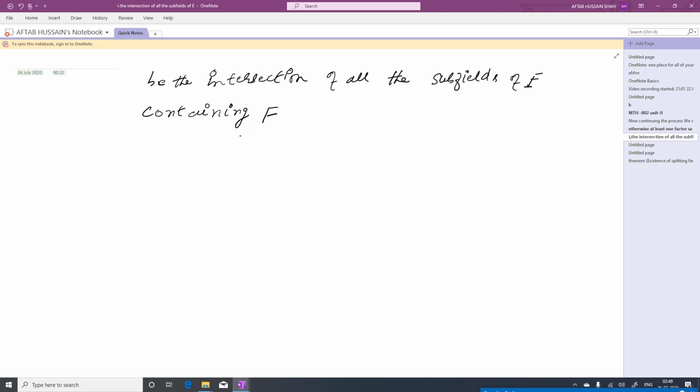In which f(x) factors completely into linear factors, or you can say that in which f(x) has all its roots.